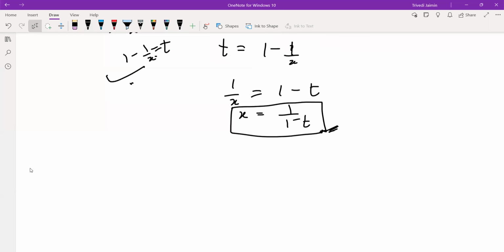This question we did, right? You can try this one. I don't know if you can solve it or not, but give a try.